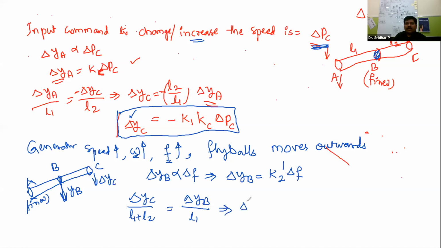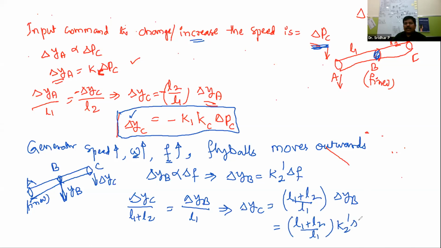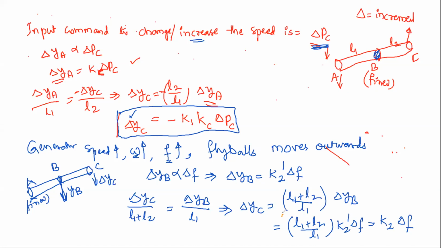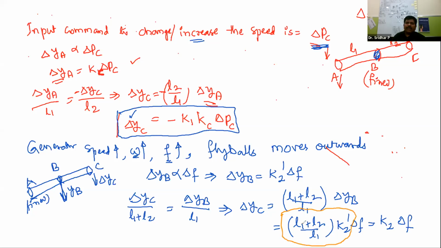So delta YC is equal to L1 plus L2 by L1 into delta YB, which is L1 plus L2 by L1 into K2 dash into delta F. You can simply write this as K2 into delta F, because L1 is a constant, L2 is also a constant, and K2 dash is also constant.